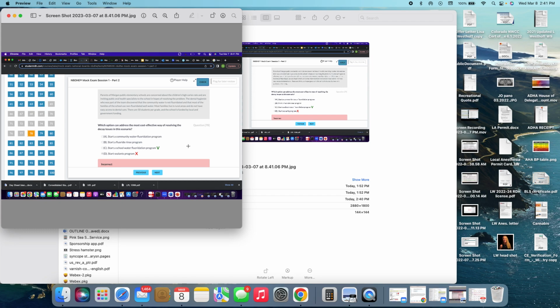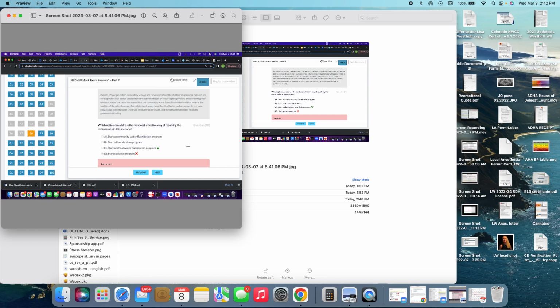So we know these individuals are on well water. So then community water fluoridation would have no effect because they don't get community water. They get water from their individual properties, from their wells. So we can cross out A and D right away.